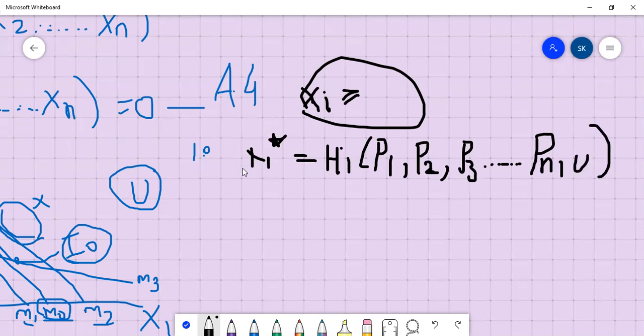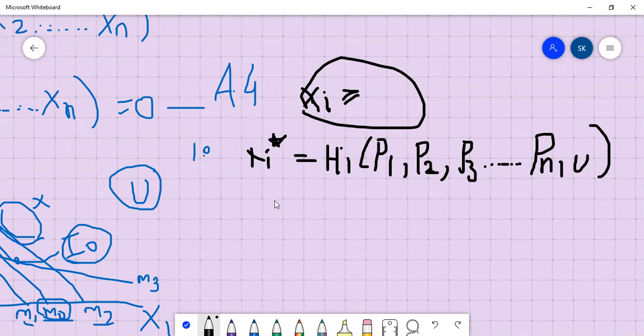That is, Xi star is a function of the prices of the goods X1, X2, X3 till Xn, and the utility derived from their consumption.